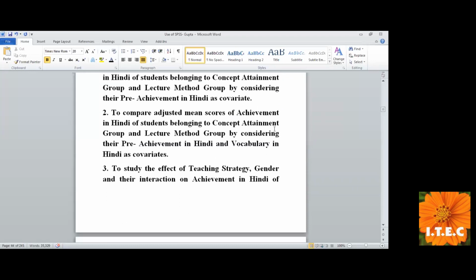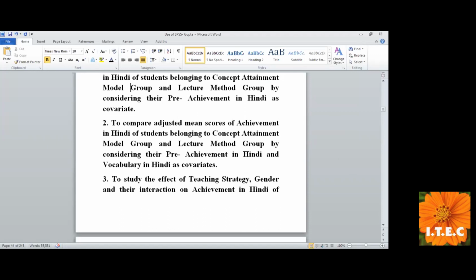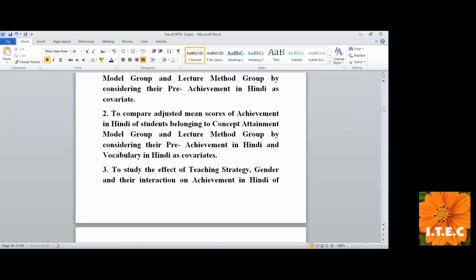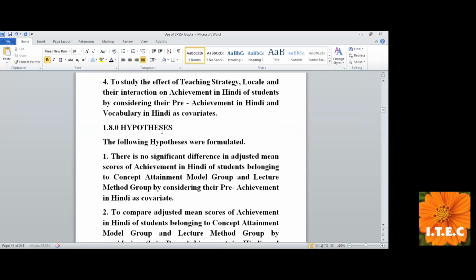So there is no significant difference in adjusted mean scores of achievement in Hindi of students belonging to concept attainment model group and lecture method group by considering their pre-achievement in Hindi as covariate.